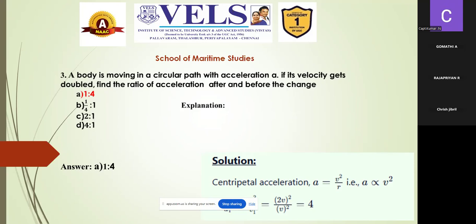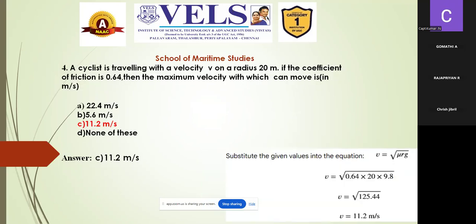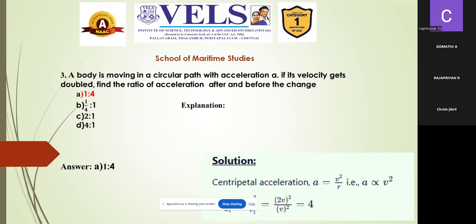The formula of centripetal acceleration a is equal to v square by r. Now we find the ratio of acceleration after and before the change. So a2 by a1 is equal to 4. The ratio of after and before the change of acceleration is 4:1.